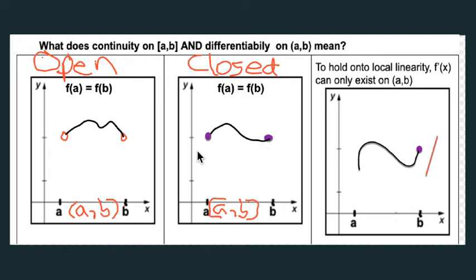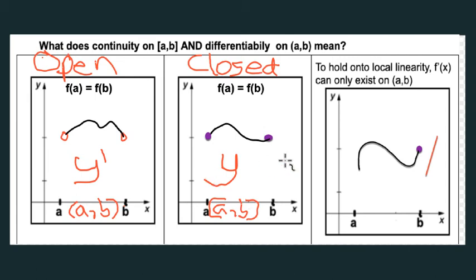So this is all about continuity, the y values, and over here, this is all about the derivative, the y prime values. So y prime and y values.